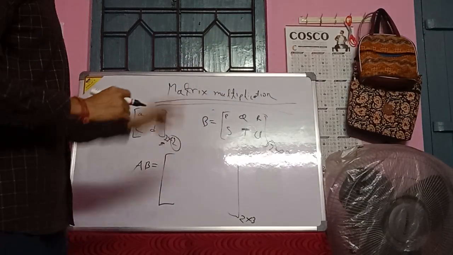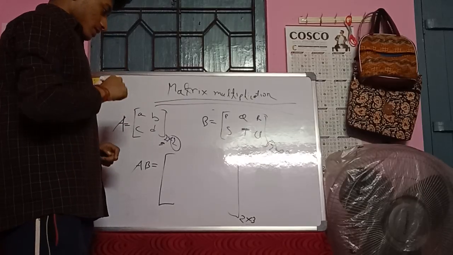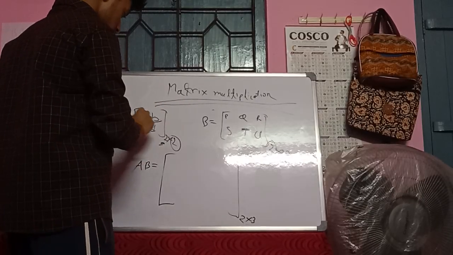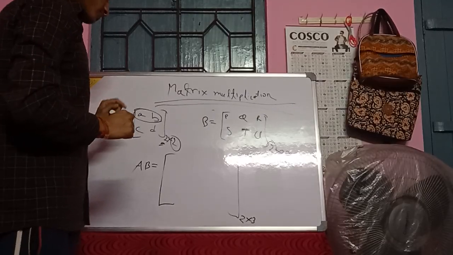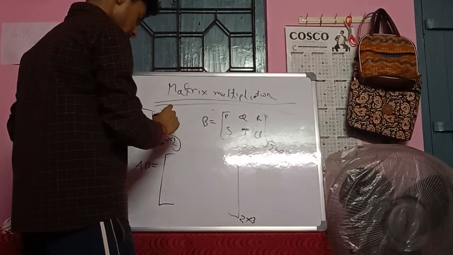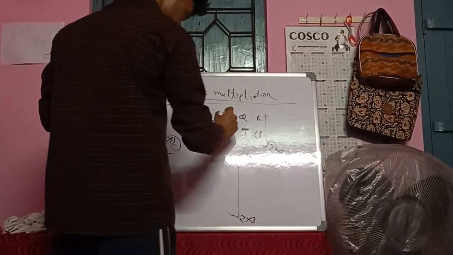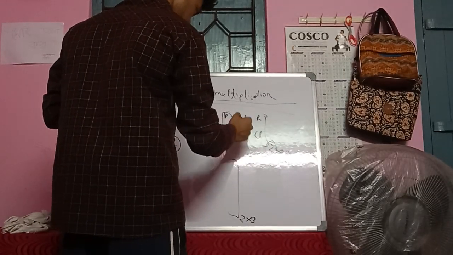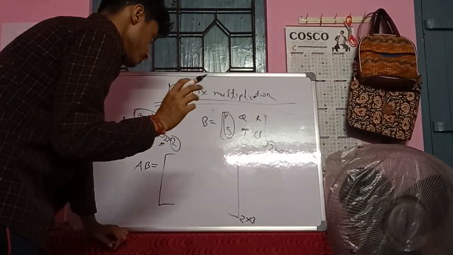And how would this matrix look? At first, we have to take the first row of our first matrix, and then we multiply each element with the elements of the columns of the second matrix. Let me show you how it would look.